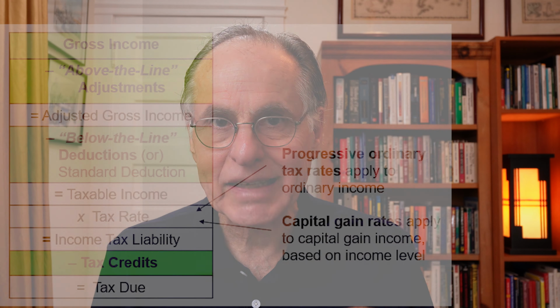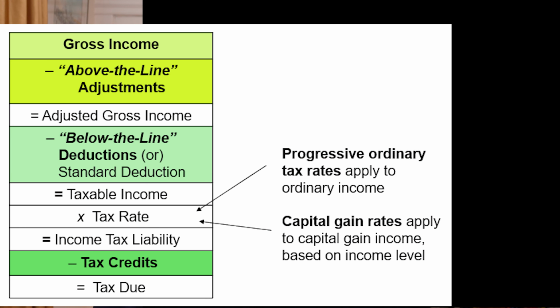Subtracting the greater of the itemized deduction or the standard deduction from AGI equals your taxable income. Taxable income includes ordinary income items and capital gain items. Based on the composition of your taxable income, the progressive tax rate schedule for that tax year is applied to your ordinary income dollars.